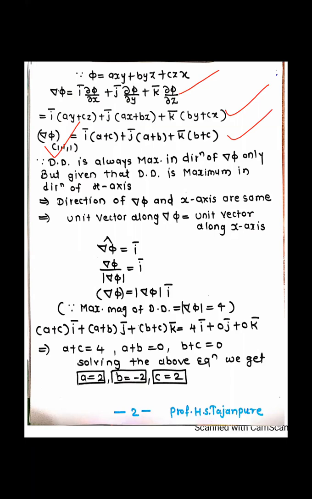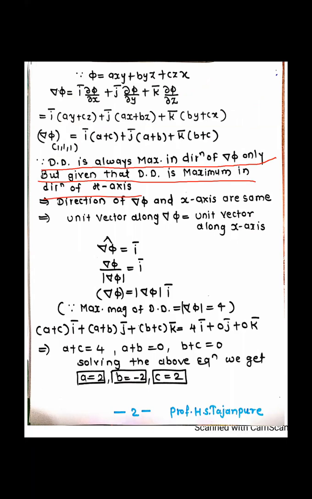Now after this, write the property here, that DD is always maximum in direction of del phi only. This is the property that we know. But what they have given is that DD is maximum in direction parallel to the x-axis, right?